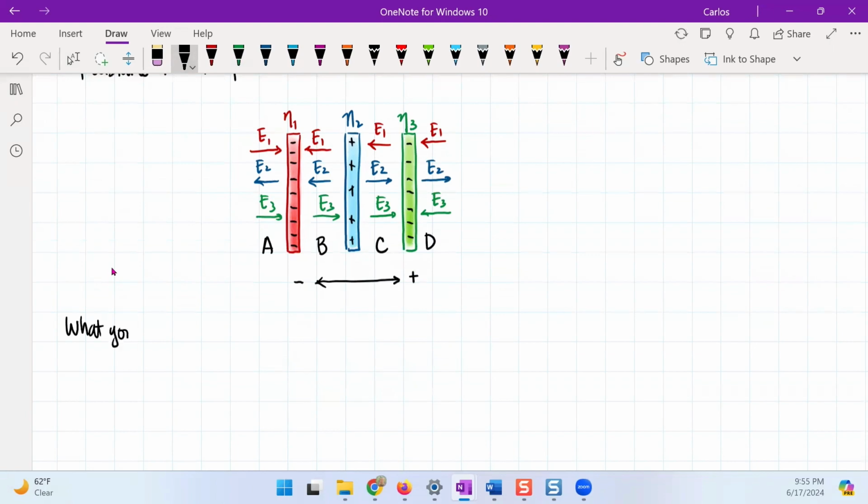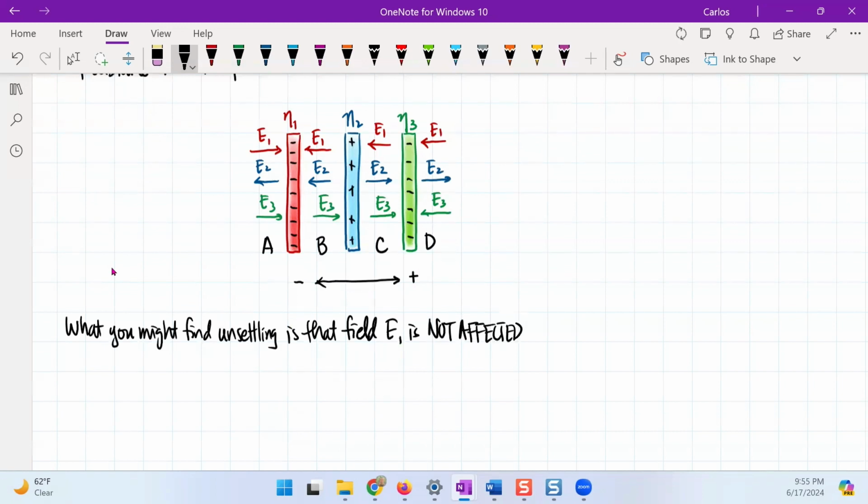What you might find unsettling is that field E1, by the way, I could have picked E2 or E3, is not affected by the presence of the charged planes 2 and 3.